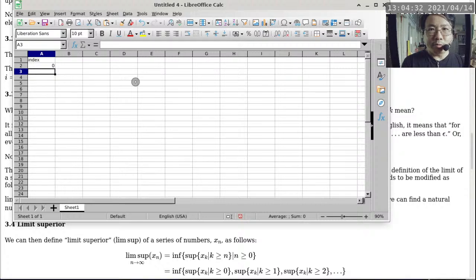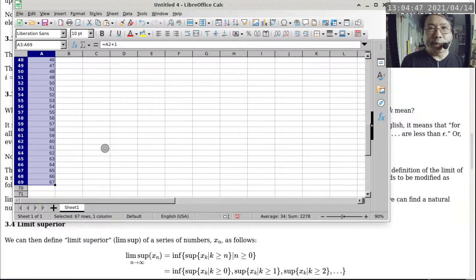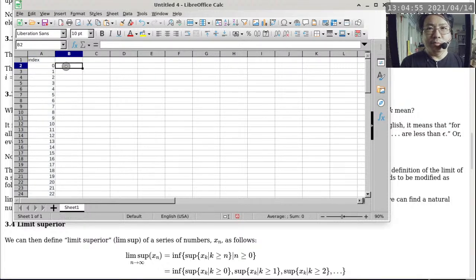It starts with 0, and then the next index is the previous one plus 1, and we can extend this all the way. It's supposed to be infinitely large, but there's no way to represent something infinitely large using a finite state computer, which is basically all computers.